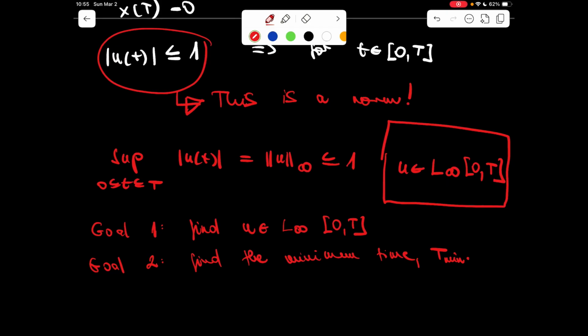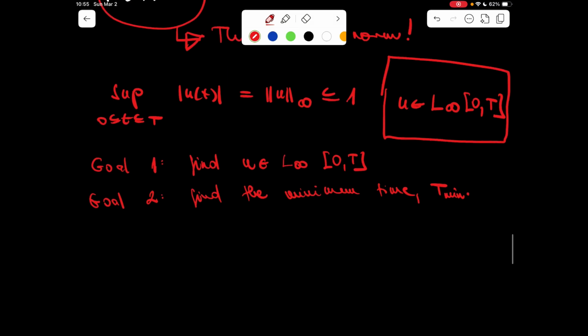Okay, so if we had a u that can be extremely high, then the time would be infinitely small, so it could be zero.